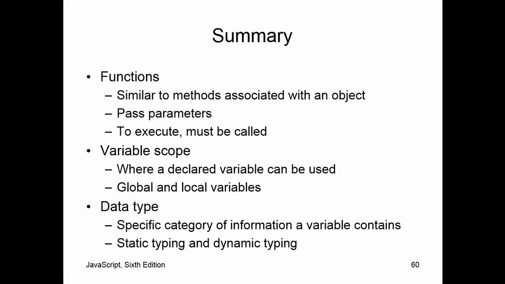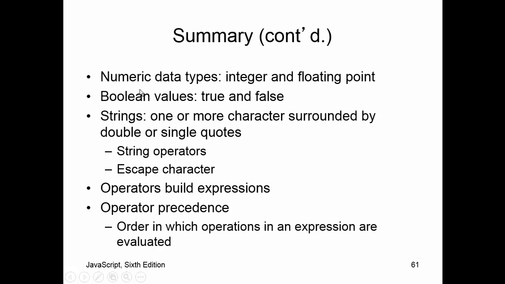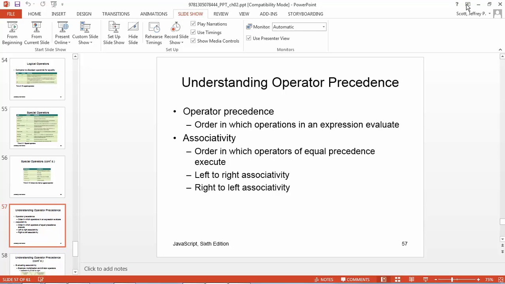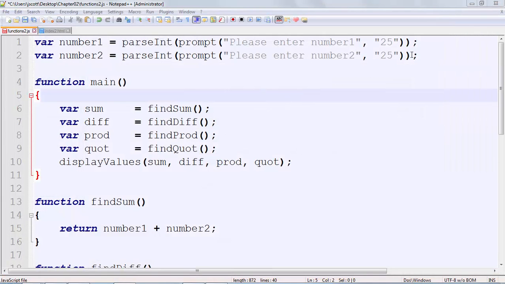We talked about data types. We talked about a loosely typed language versus a strongly typed language. We talked about the number types that are supported by JavaScript, the Boolean types, strings, single quotes, or double quotes. A little bit about the escape character. We've talked about expressions and precedence and how stuff is evaluated. That's it for Chapter 2.